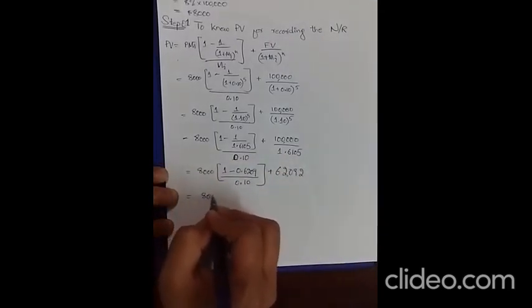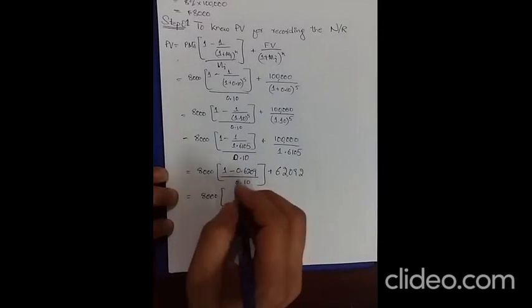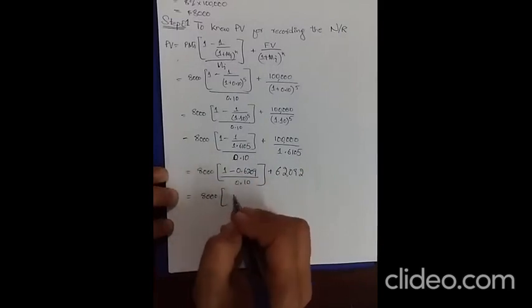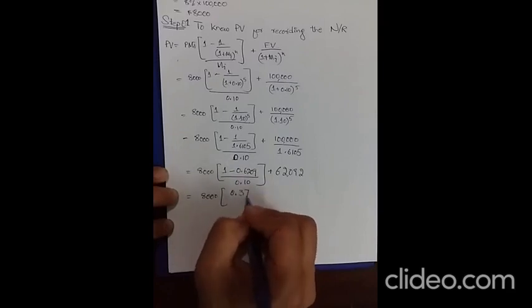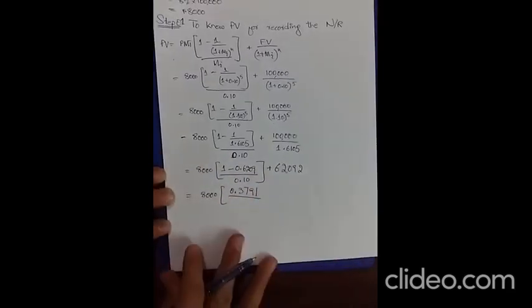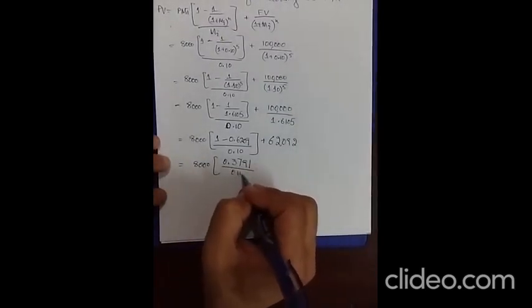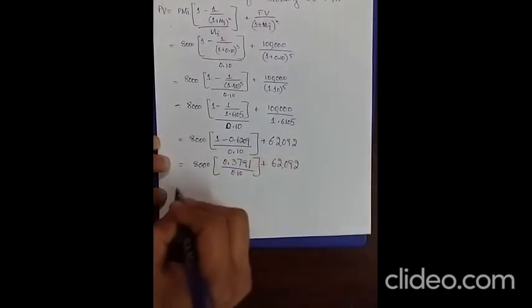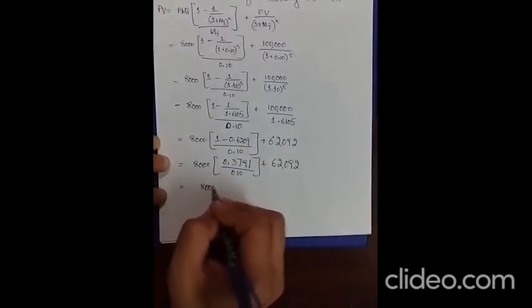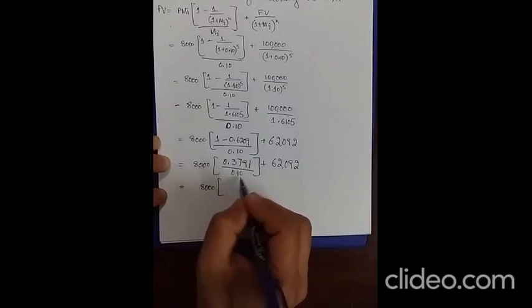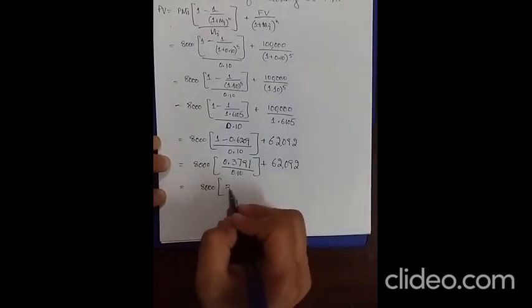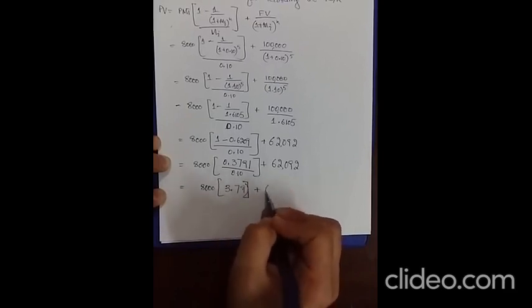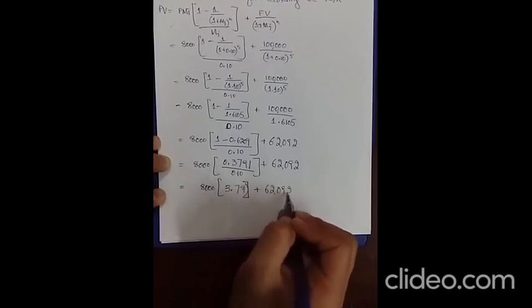Now I subtract 1 minus 0.6209, which becomes 0.3791, divided by 0.10, so we get 3.79, plus $62,092.